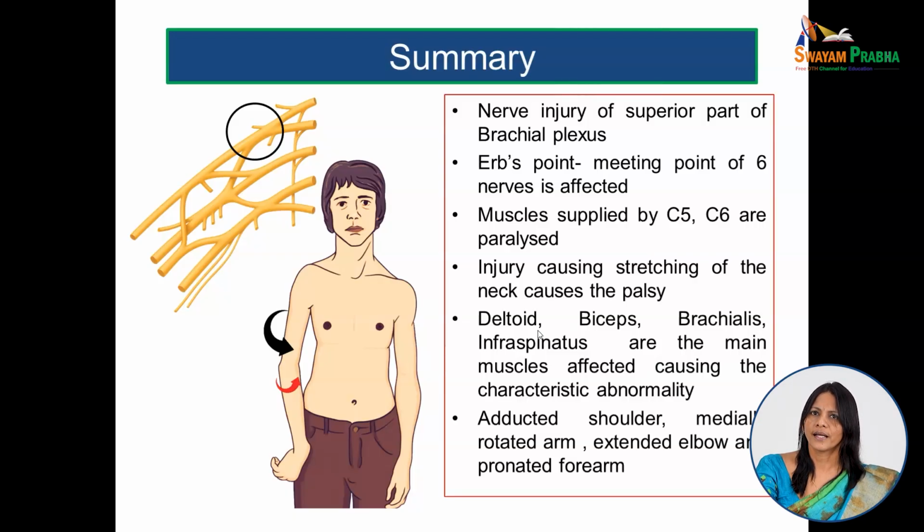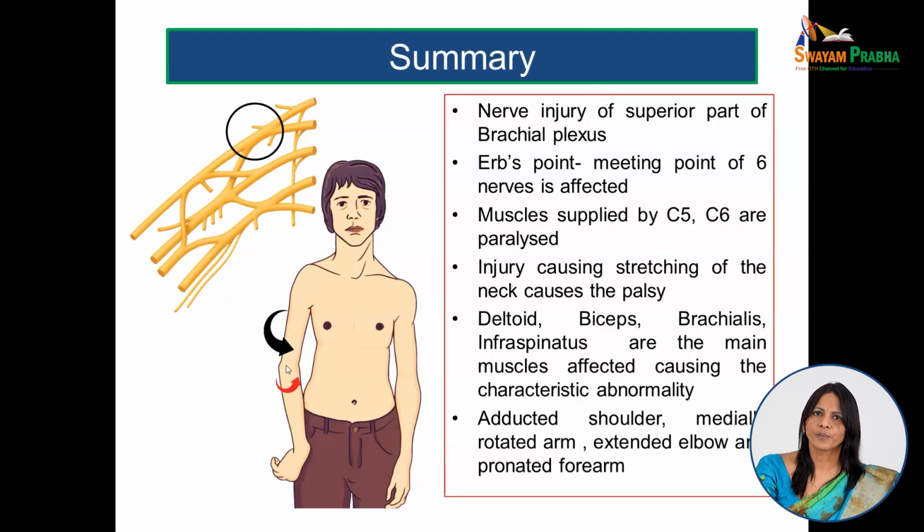So, the deltoid and the supraspinatus being affected results in an adducted shoulder. The biceps and the brachialis paralyzed leads to an extended elbow and a pronated forearm. The infraspinatus and teres minor being affected causes a medial rotation of the arm because the lateral rotation is affected.